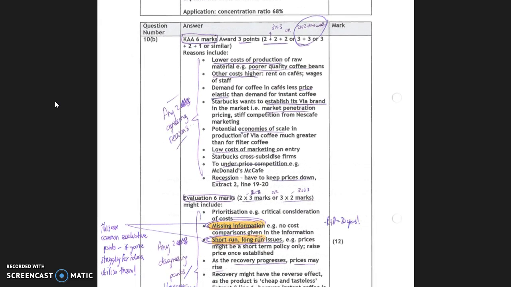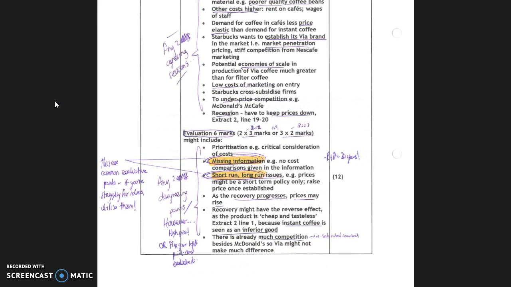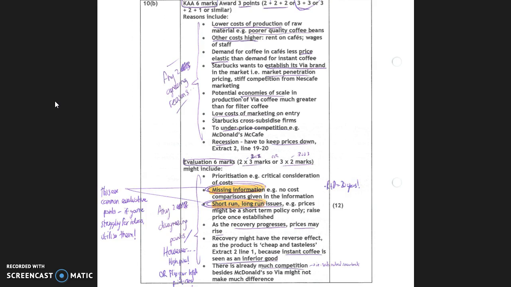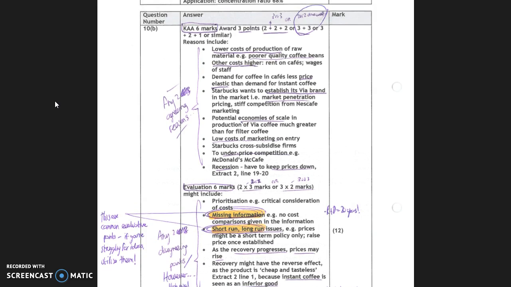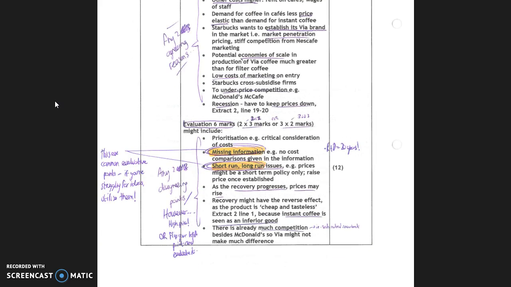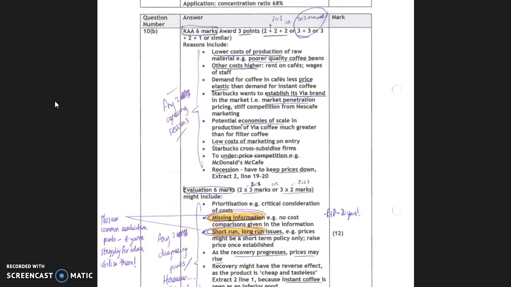Your question 10b was your 12 marker. So again, remember that there's 6 marks for KAA, 6 marks for evaluation. As you can see there, there's a variety of ways you can earn your marks, but let's just go for your 2 versus 2. Okay, 3 plus 3 for your KAA, 3 plus 3 for your evaluation, with a conclusion at the end to guarantee your full marks, really.